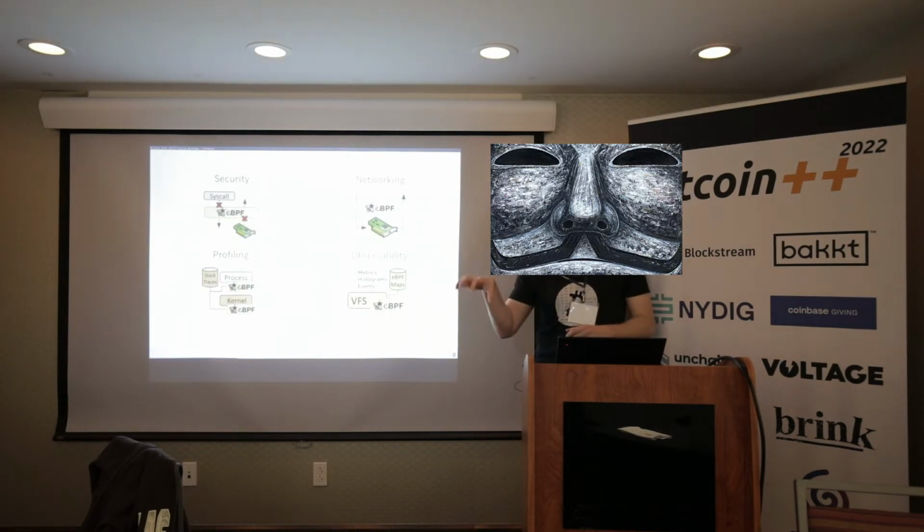It should only use this whitelisted syscall, for example. Also, Ebpf can do networking, so we can have DDoS mitigation, for example. So before a packet even hits your HTTP server, we can reject it. We can do profiling and benchmarking. This is also really interesting in the context of Bitcoin Core.